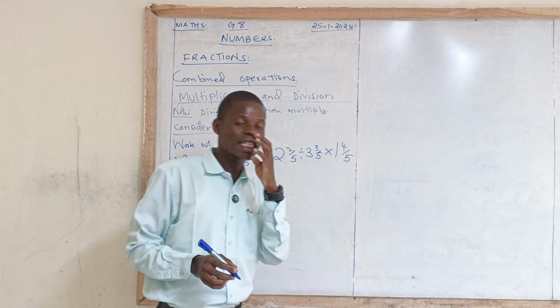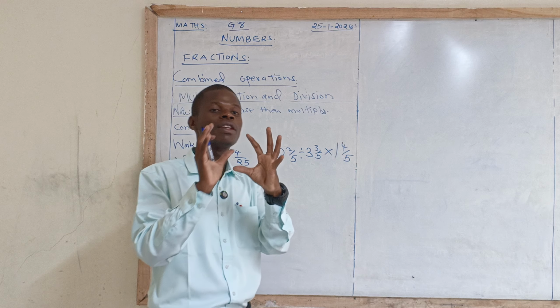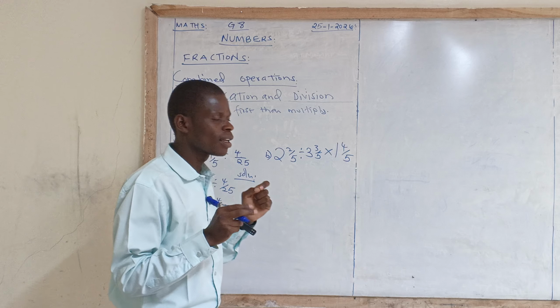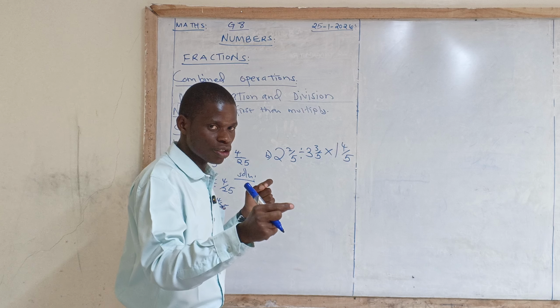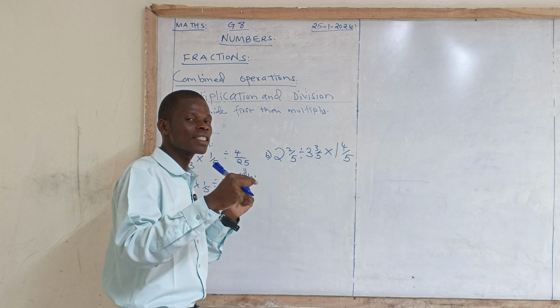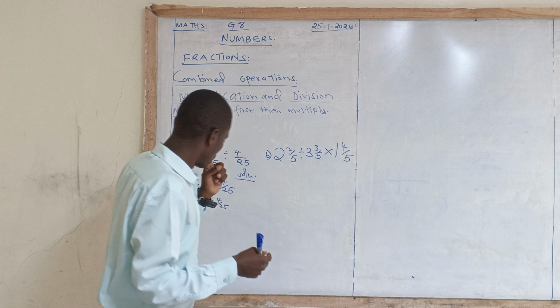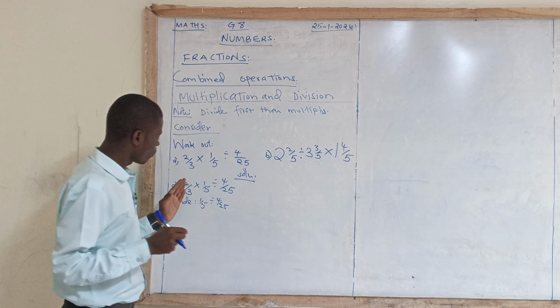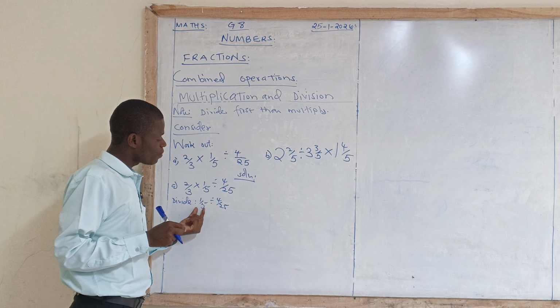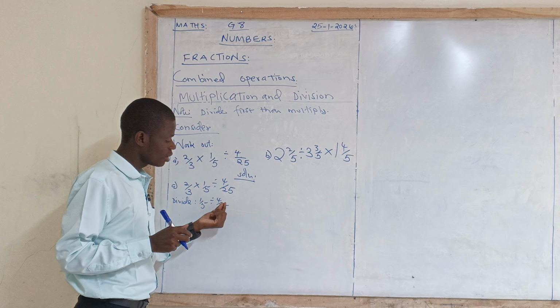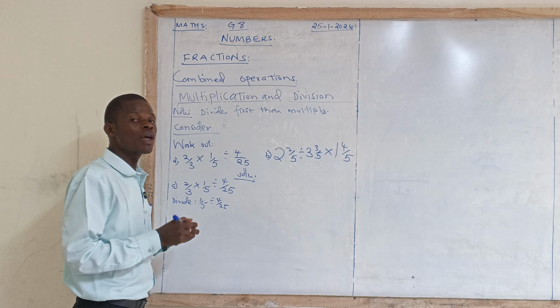Now let us remind ourselves, what did we say when we are dividing fractions? We said that when you are dividing by a fraction, it is the same as multiplying by the reciprocal of the fraction. For example, here, 1 over 5 divided by 4 over 25. What are we dividing?